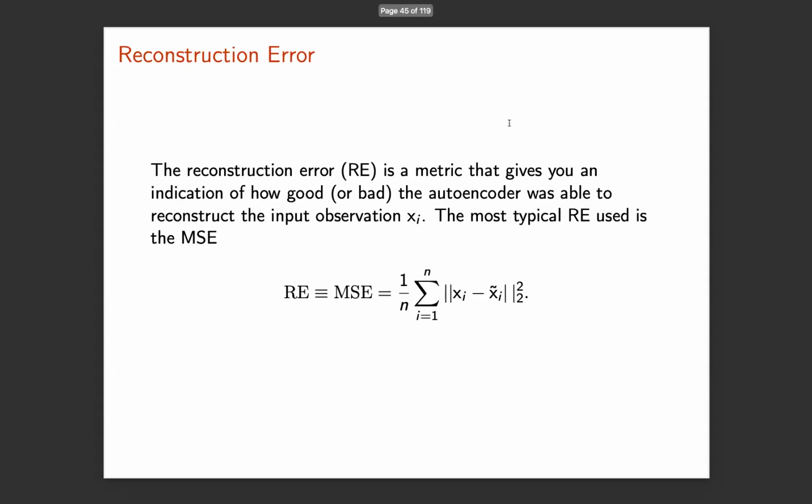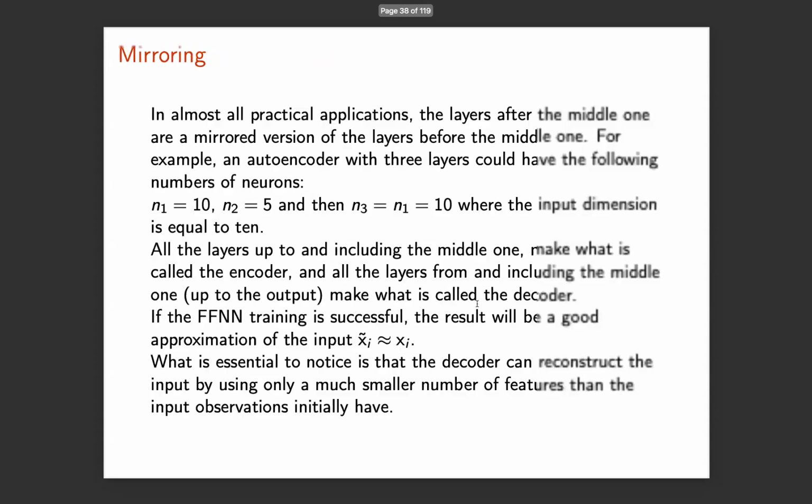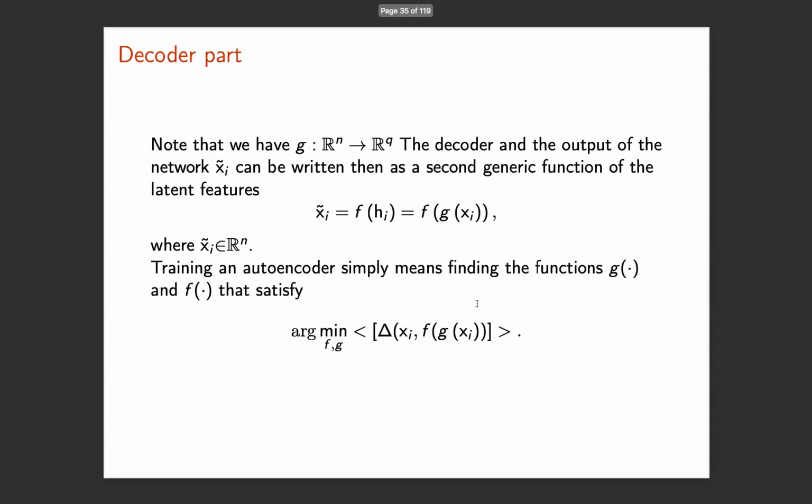In particular, since this X tilde here is represented by a reproduction from a latent space, you can show that, with the functions we called F here and this function G, if you have a linear dependence on the unknown parameters, these weights and biases, then this is the same as using principal component analysis.